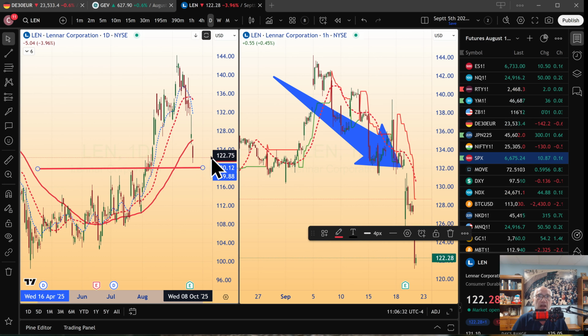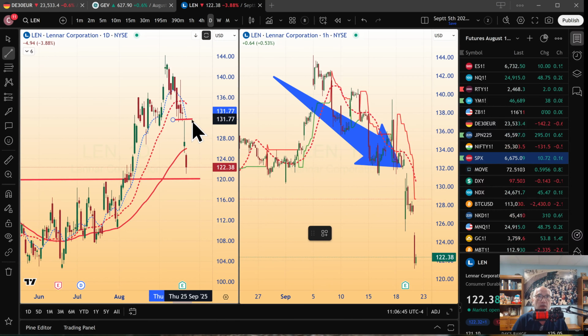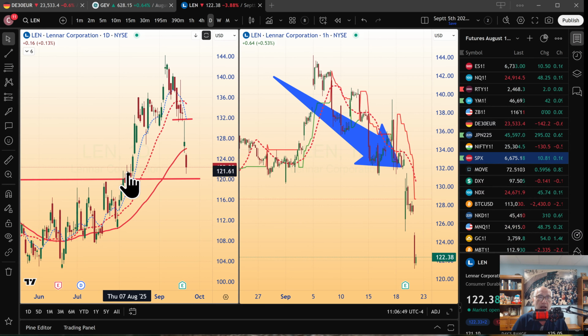So your first area is that 122 level. So the key in there is the lack of support on the way down. You could see it even with a longer term bear flag right here. So the first key is the lack of support on the way down. The next key is at least a rollover on some moving average.